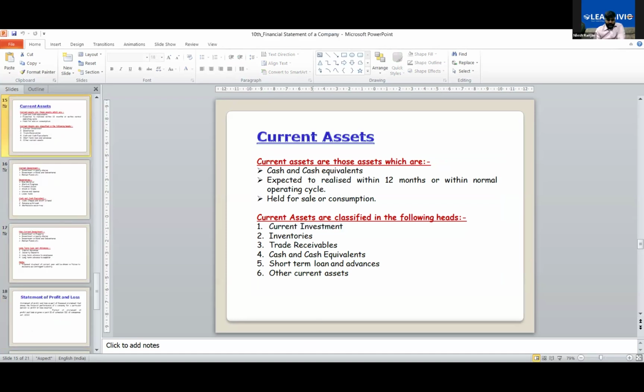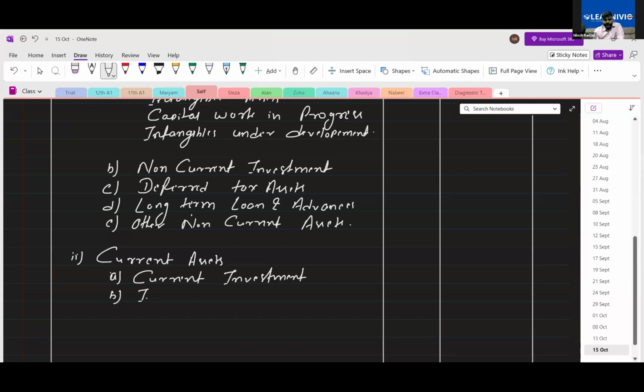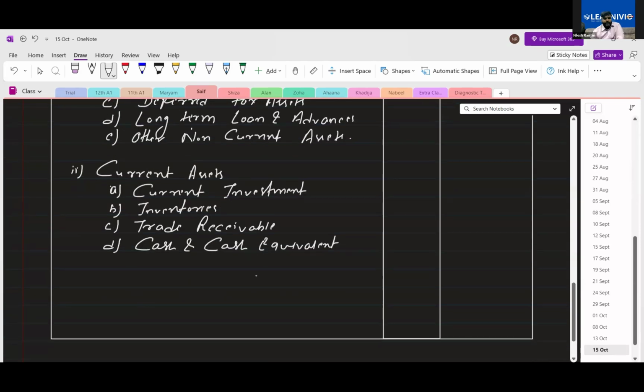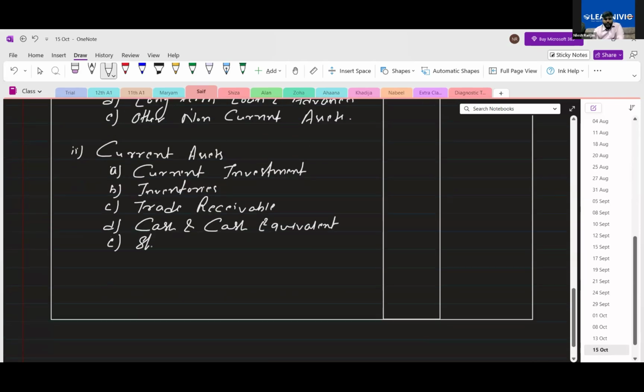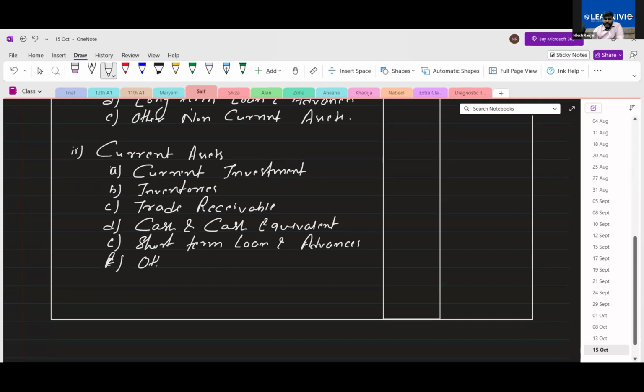So current investment, then B is inventories, C trade receivable, the fourth one is cash and cash equivalent, then short-term loan and advances, and the last one is other current assets.